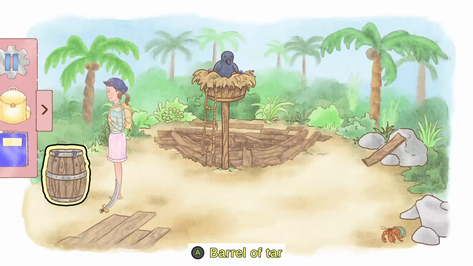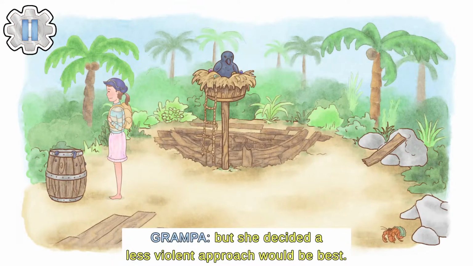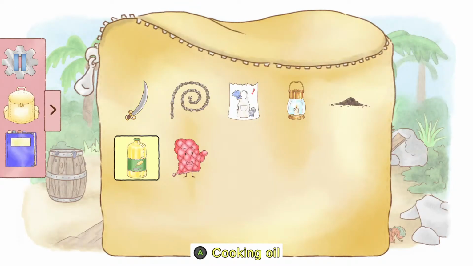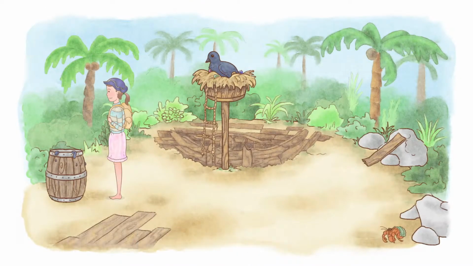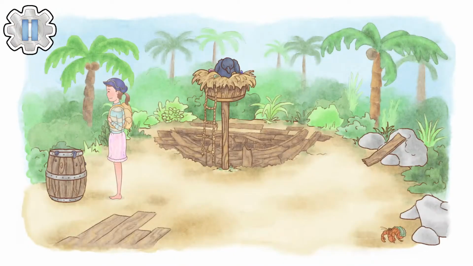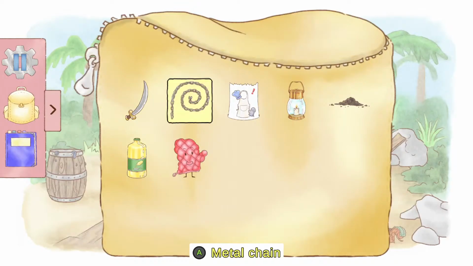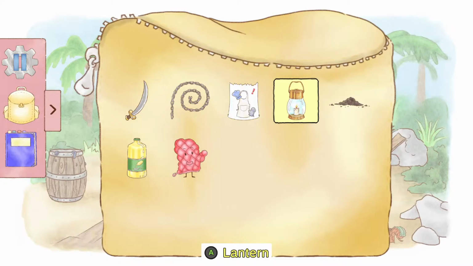Barrel of tar. The captain thought about it for a sec, but she decided against it. Cooking oil. Metal chain. Oven glove. Job slip. Lantern.